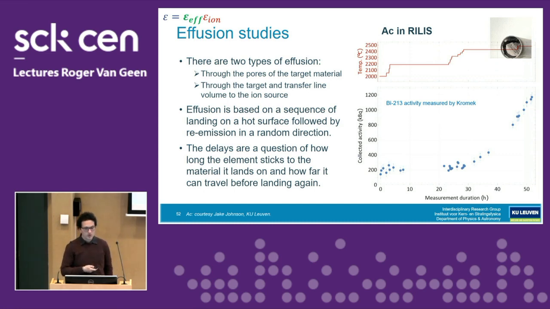And there, we recovered actually the efficiency. However, you can see how our activity, as measured by the bismuth-213, was very little, nothing, and suddenly shot up as we increased the heat. So then we realized we needed to operate at 500 degrees more than in the pure ionization test.